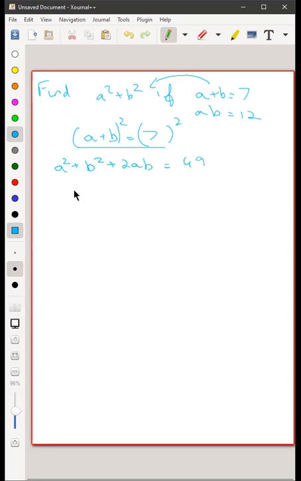Now what is the value of ab? Paki, that's correct. ab is equal to 12. So a square plus 2 into 12, that is 24, plus b square is equal to 49.